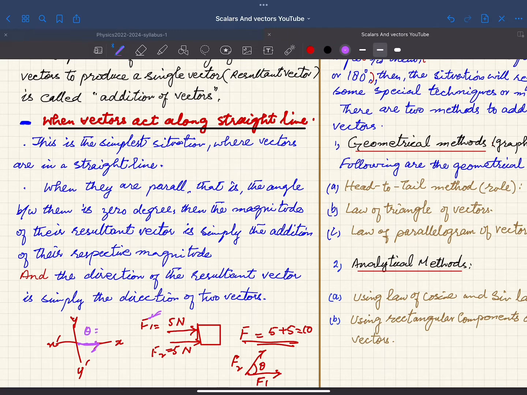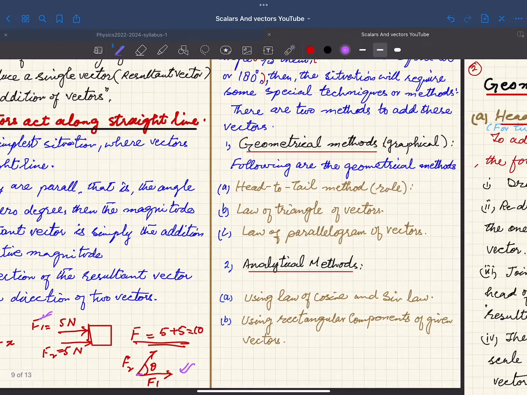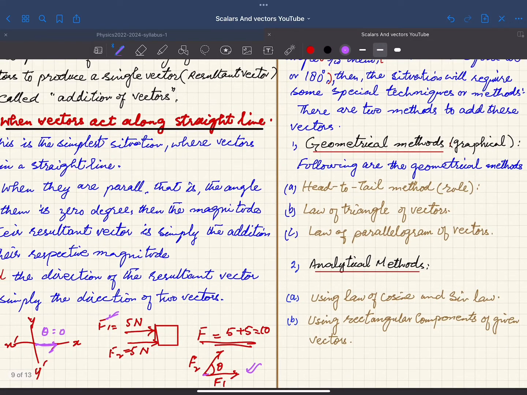But when two slanting vectors make an angle theta other than 0 or 180 degrees, we have to adopt special techniques or methods for the addition of the vectors.